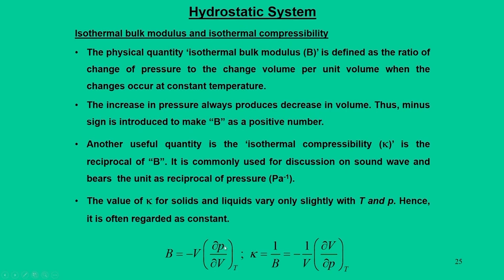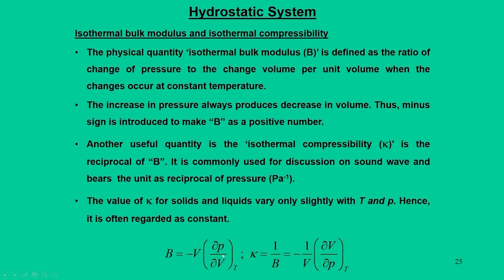Here you can see that pressure and volume have an inverse relation, that means an increase in pressure will lead to a decrease in volume and vice versa. So, in order to make B a positive number, a negative sign is introduced here.